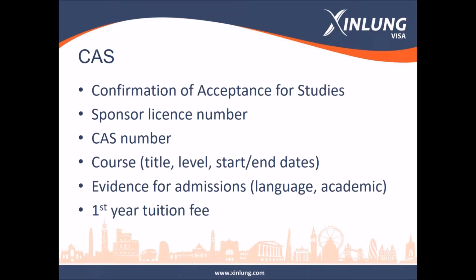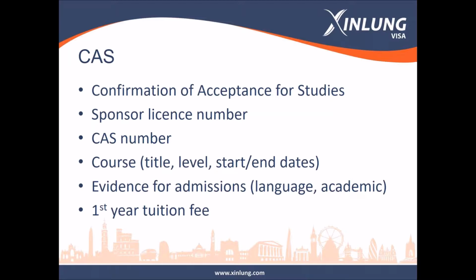First of all, CAS, confirmation of acceptance for studies. When the university confirms our place, they will issue, starting from a conditional offer. Then after we meet our conditions, they change that into an unconditional offer, and then finally a CAS. So when we get the CAS, that means we're ready to submit our visa application.